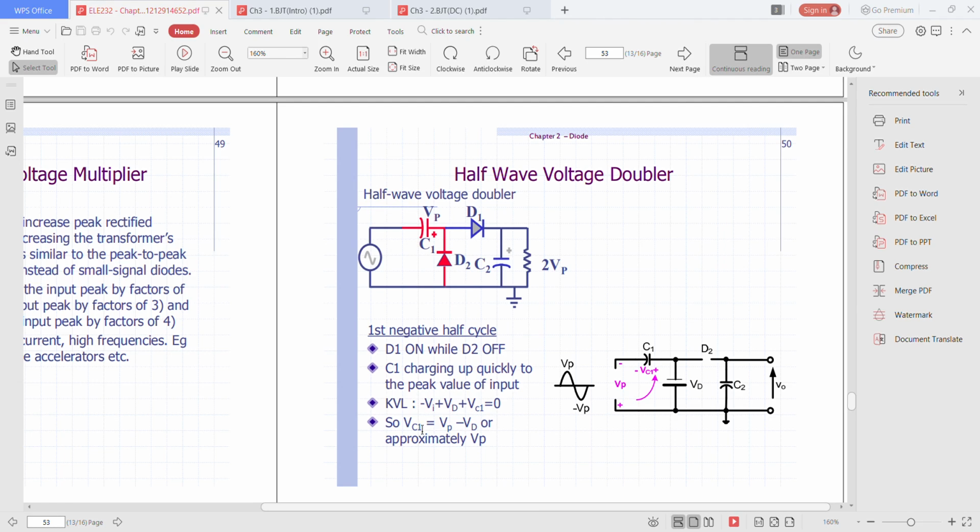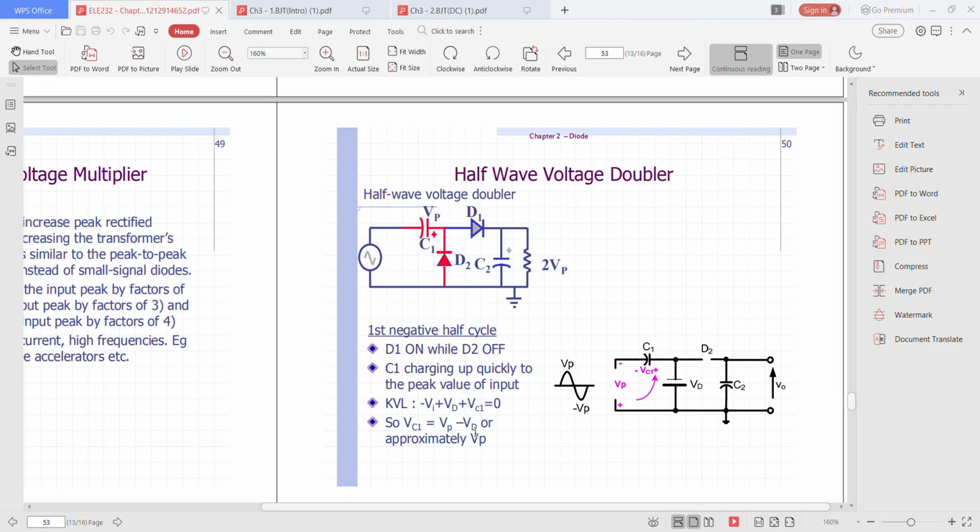Alright, so Vc1 will be equal to Vp minus Vd, or approximately Vp.